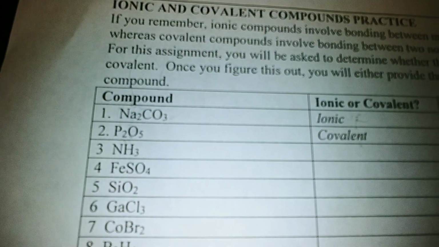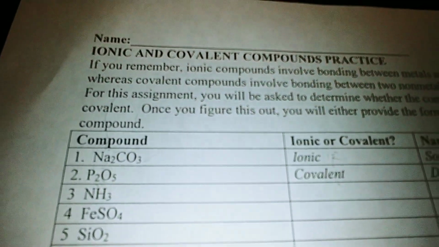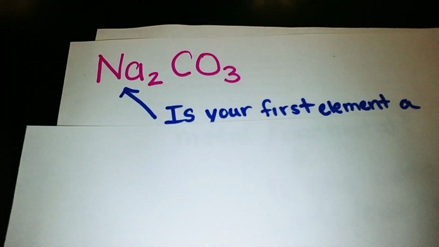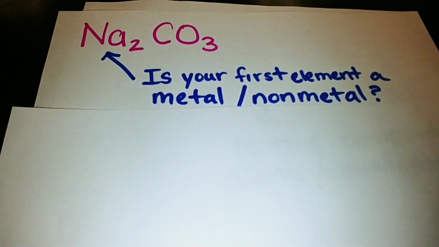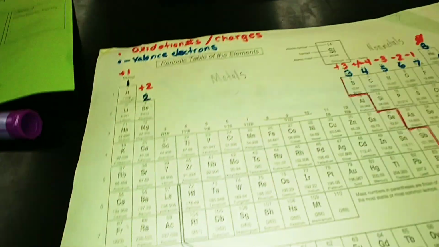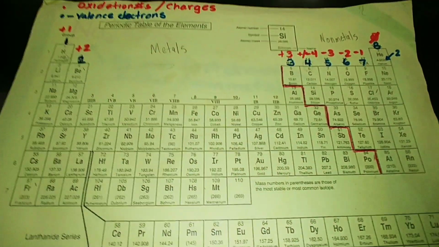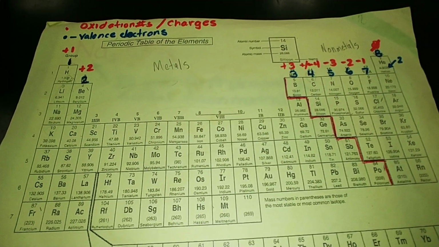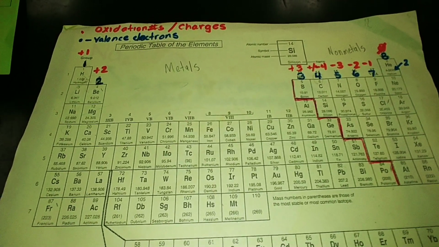So take a look at the first one. It says sodium carbonate. The very first question is: is your first element a metal or a non-metal? On a periodic table, you have this line that borders the metalloids. It separates the metals from the non-metals, but you have some elements called metalloids in there.